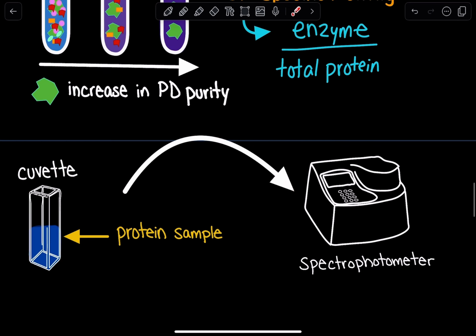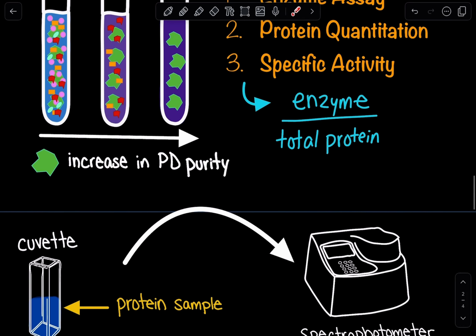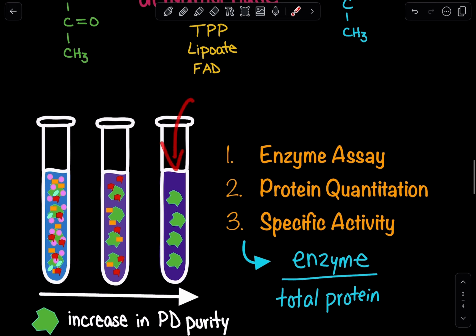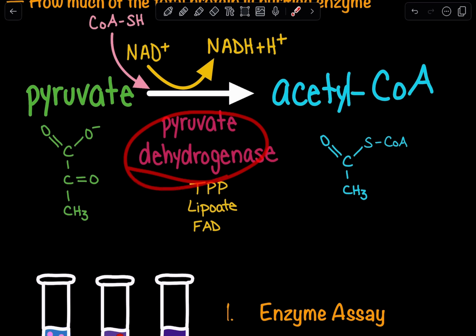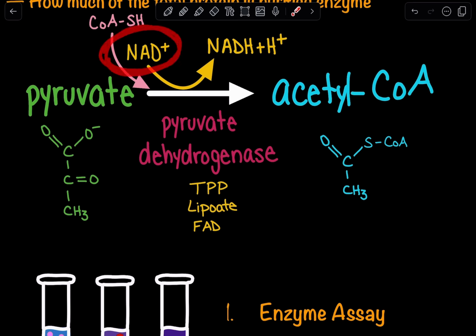Now, how are we going to be able to observe that change in light absorption? What's causing it? If our sample does in fact have pyruvate dehydrogenase present, and we mix it with pyruvate, the dehydrogenase should convert the pyruvate into acetyl-CoA, and as a result, NAD+ should be reduced into NADH, and NADH will strongly absorb light at around 340 to 400 nanometers.